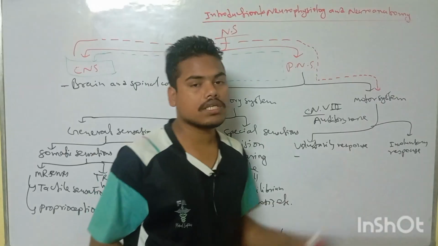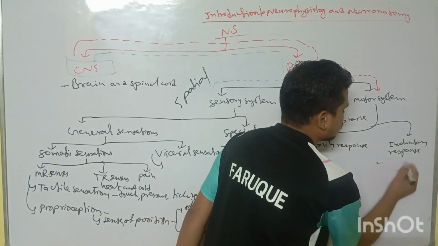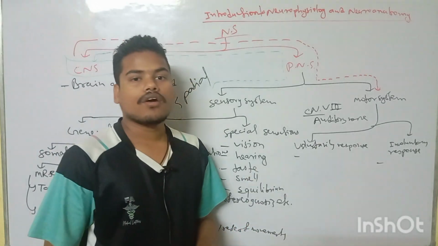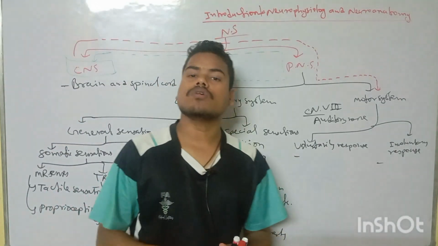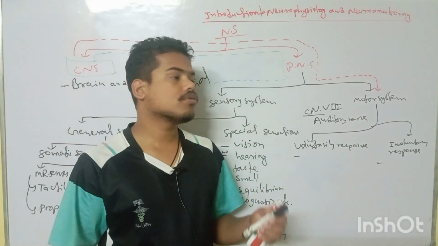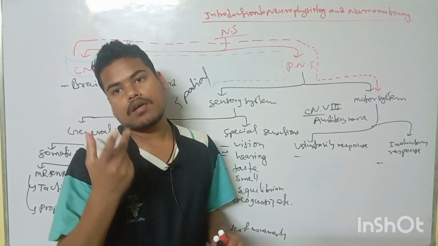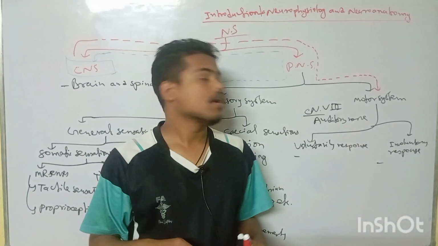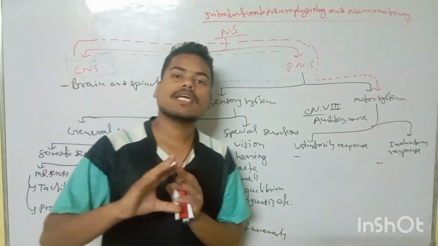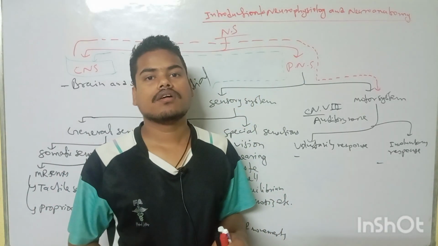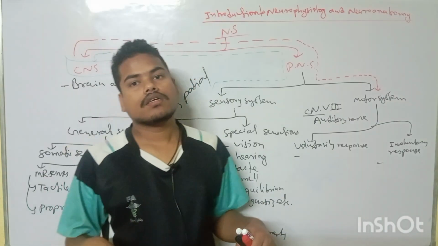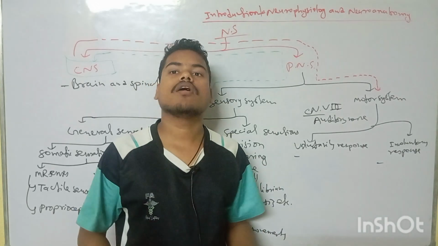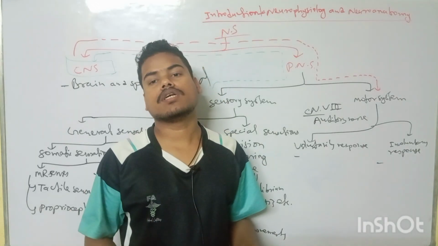So these are the voluntary responses, and some types of responses are not in our control. Like when you see delicious food or spicy food or acidic food, then what happens? Salivation will occur spontaneously. Or when we eat, the digestion and secretion of the GI tract will occur spontaneously if our condition is physiologically normal.